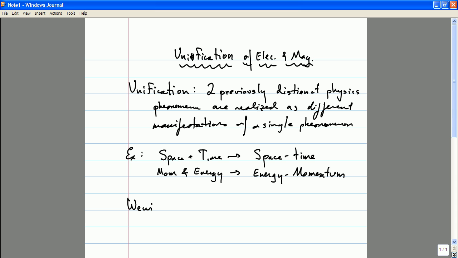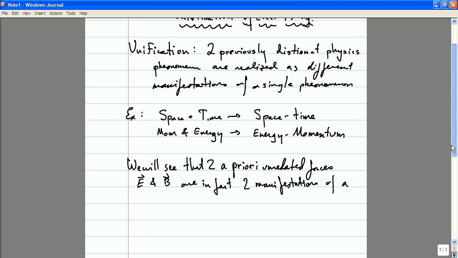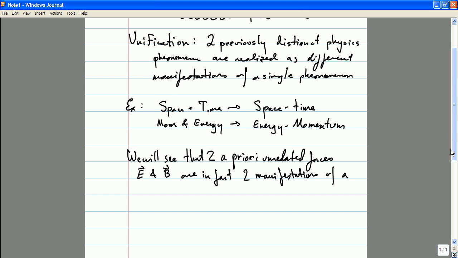So what we will see is that two a priori unrelated forces, namely the electric force and the magnetic force, are in fact two different manifestations of a single, more fundamental force, which we usually refer to as, well, not very creatively, the electromagnetic force.